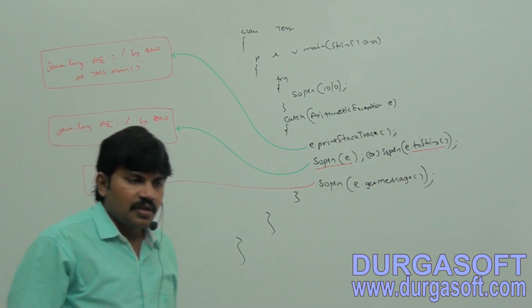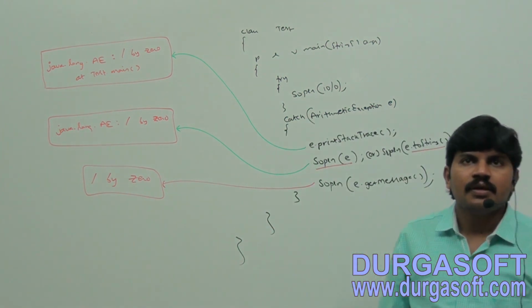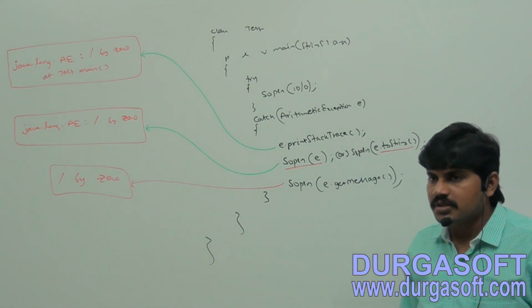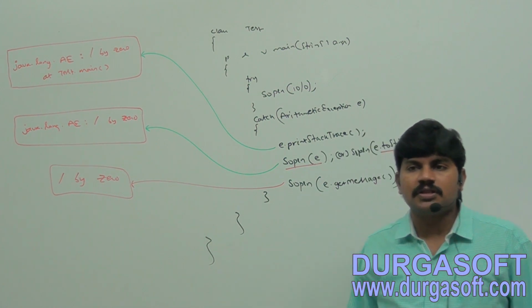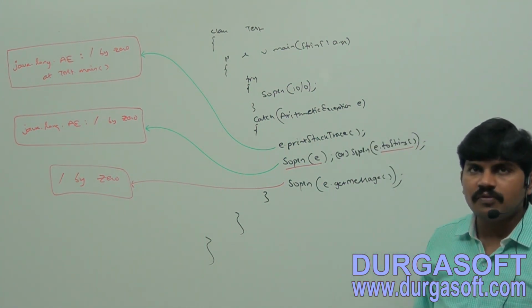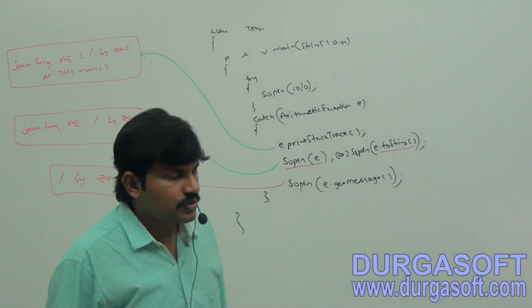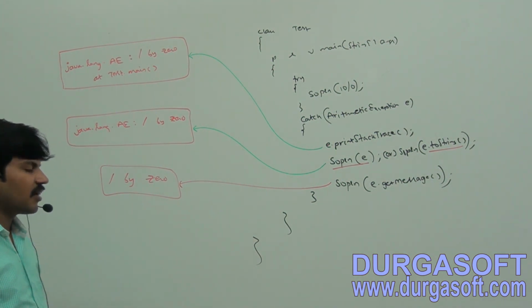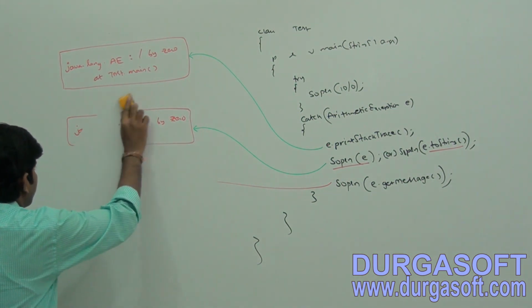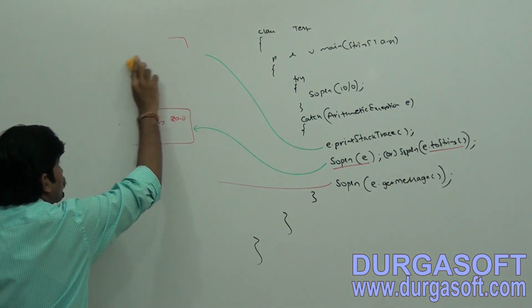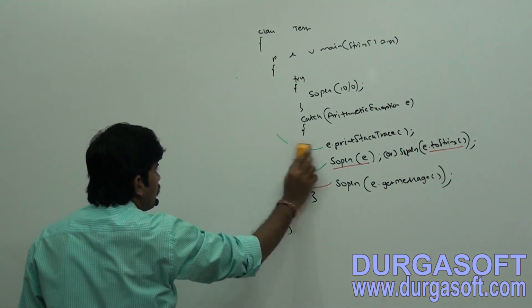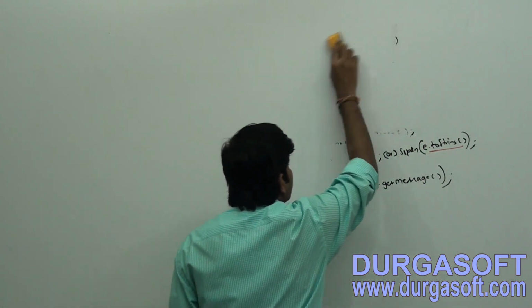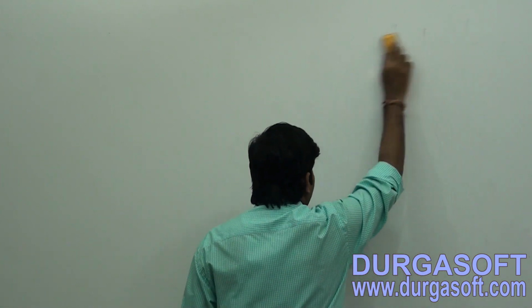Take a note. Internally, the default exception handler will use the printStackTrace method to print exception information to the console.